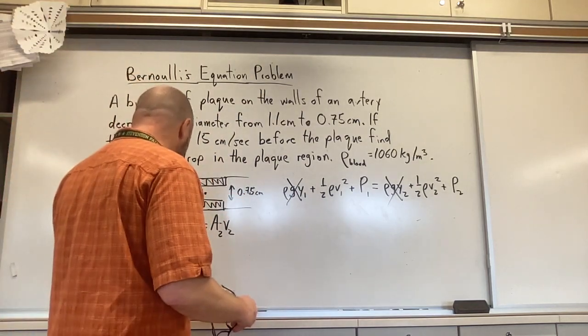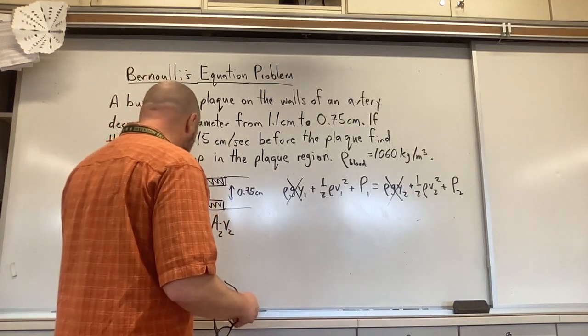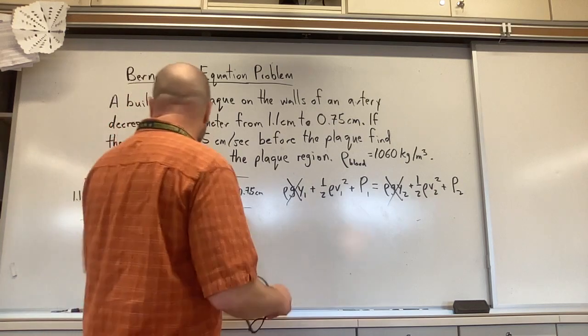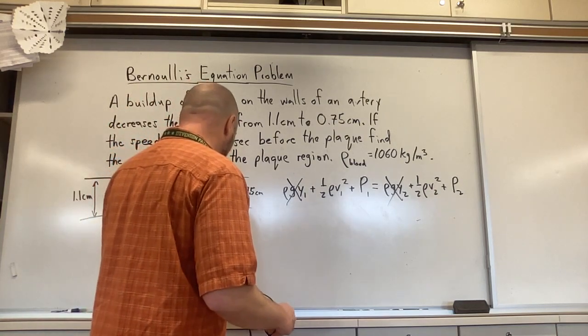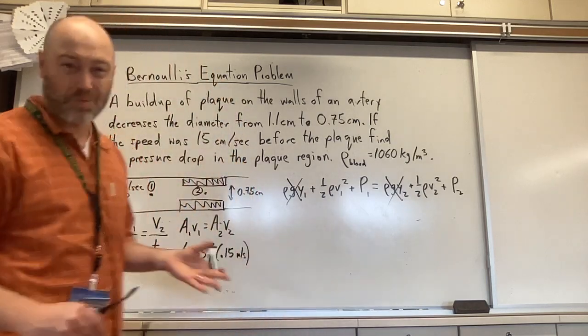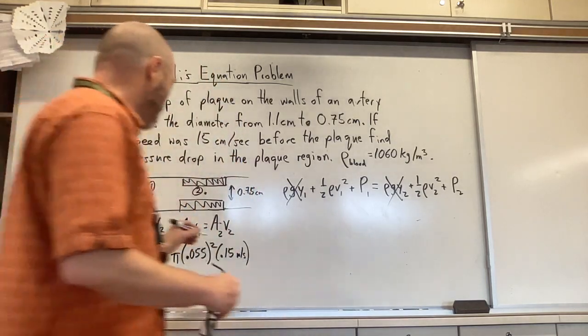If I plug my stuff in, I can then solve. So pi times 0.055 squared times 0.15 meters per second, because I just changed that to meters per second. Isn't that crazy? I can do that in my head.